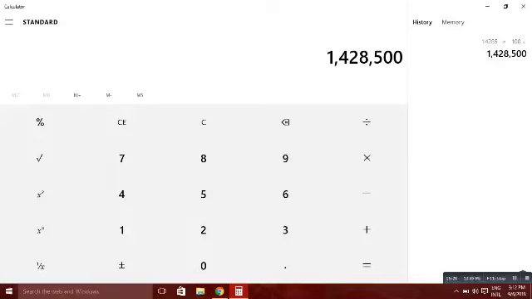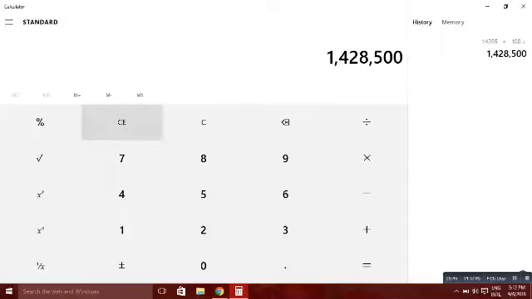This is the actual amount of money which our broker has paid for the quantities. Now let's sell the quantity.